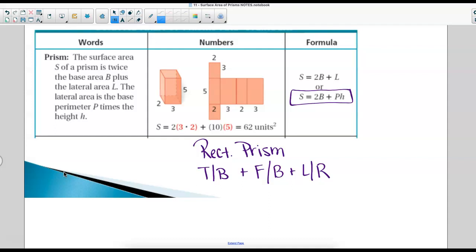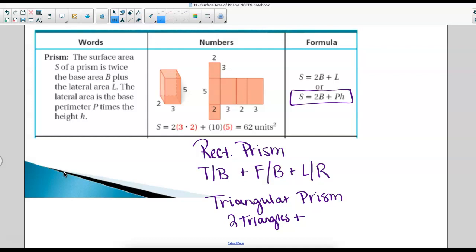If it's a triangular prism, then it's a little bit different. In a triangular prism, we have 2 triangles, plus how many rectangles?